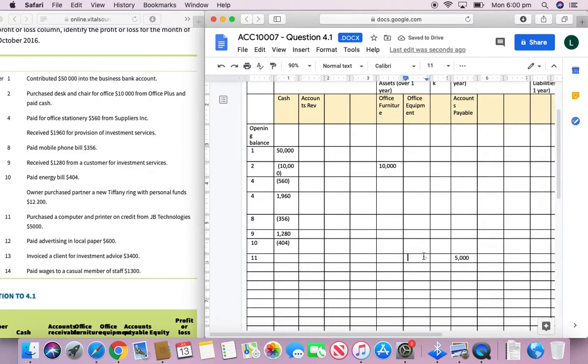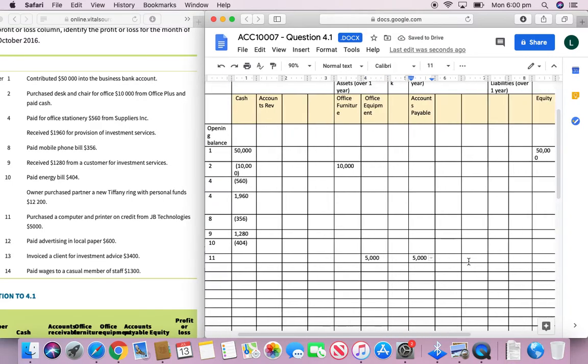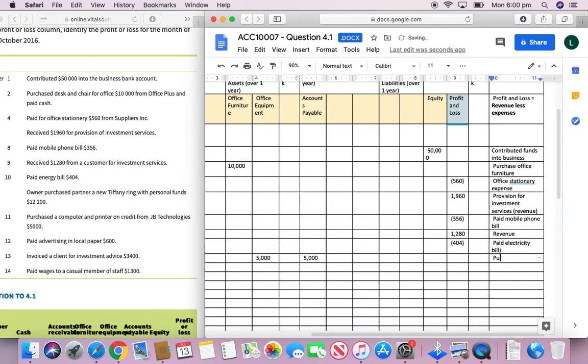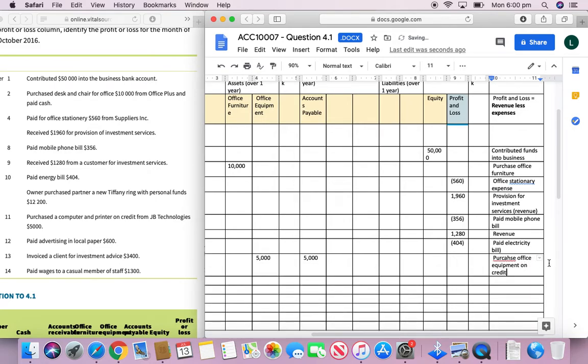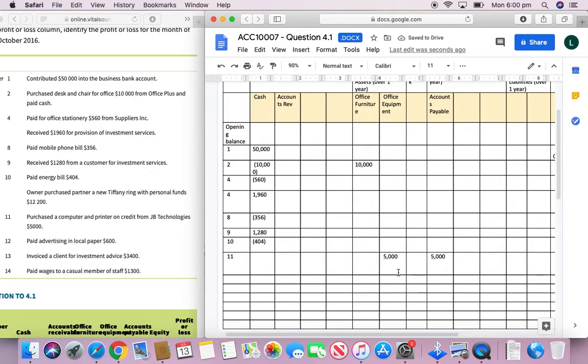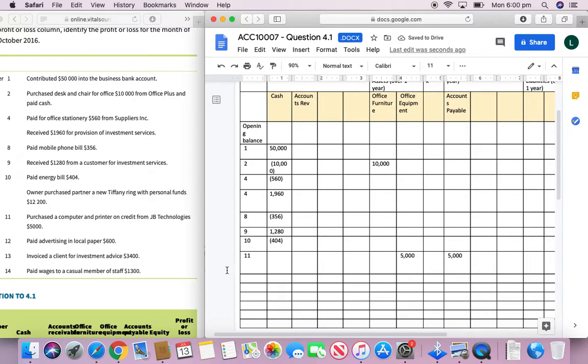We're also getting office equipment, which is increasing here for $5,000. That's our transaction. So purchase office equipment on credit. So hopefully that makes sense why it's not a cash transaction, because there is no cash being exchanged straight away. It's at a later date. That's why it's accounts payable.